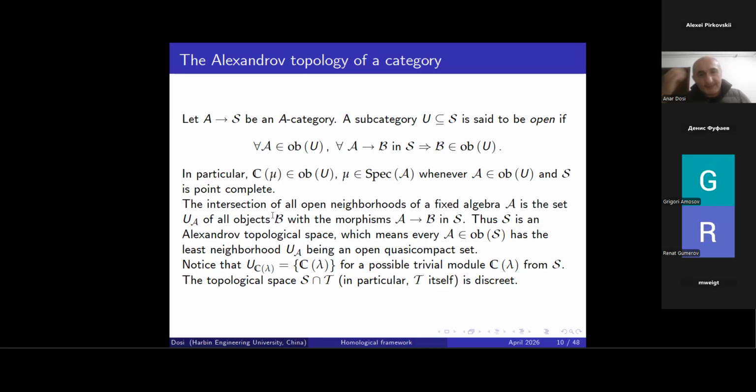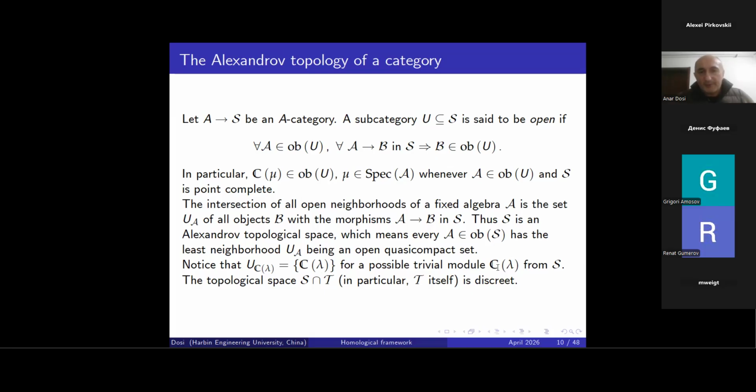In this sense, S is an Alexandrov topological space, meaning for every object A, we have the least neighborhood, which is actually an open quasi-compact set. Certainly it's not Hausdorff. It's a very special topology with the least neighborhood. That's the meaning of Alexandrov topological space.